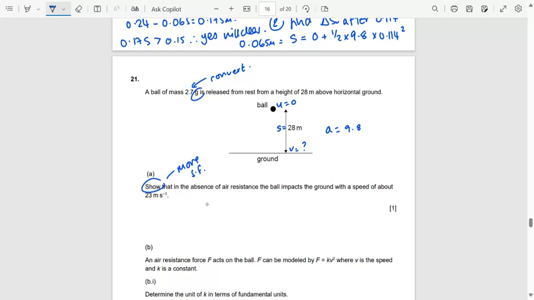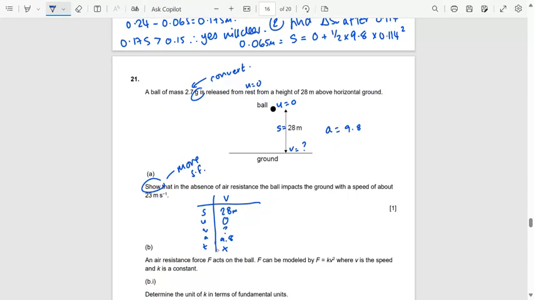We've only got vertical values, so I'm going to write suvat. S is 28 meters. U, it will start from rest. V is what we're trying to find, and A is 9.8. So this is all the stuff we've got.